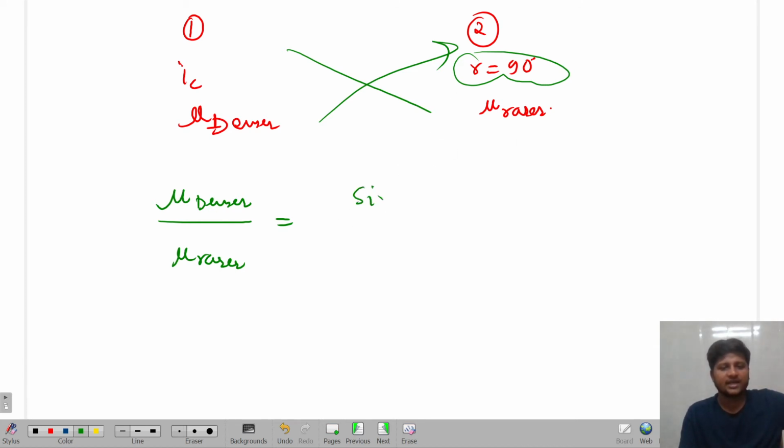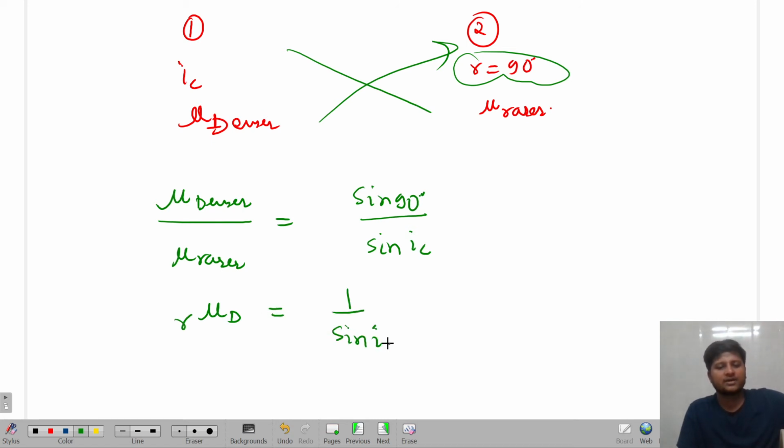So sine 90 divided by, for mu rarer, sine i_c. Got it or not? So mu denser with respect to rarer is going to be how much? 1 by sine of the critical angle. Therefore, sine theta c, the sine of the critical angle required, if you have a denser medium, the critical angle will be how much?